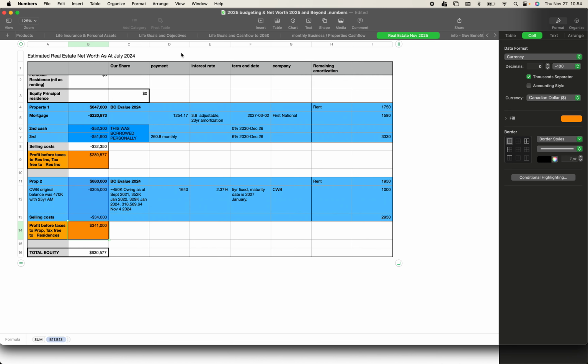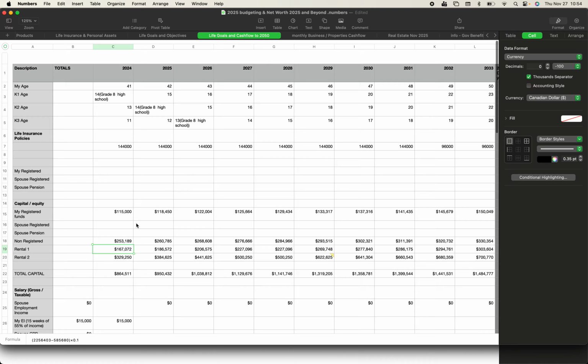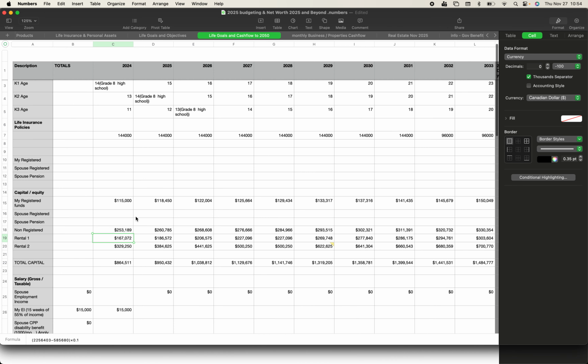So there's $630,000 in real estate. Yeah, so these numbers are equity, I believe. How much it grows, or how much the mortgage gets paid down.